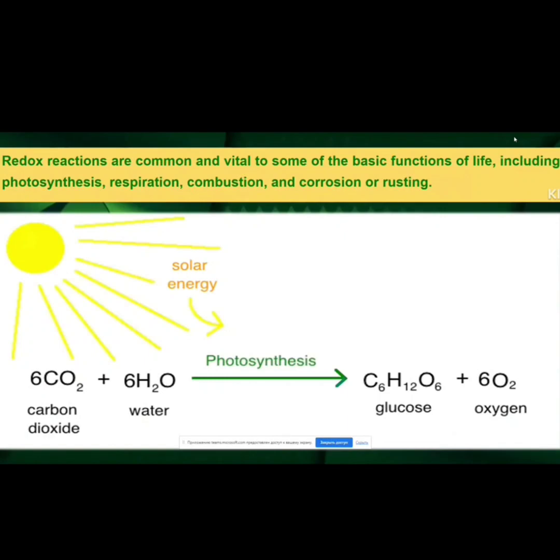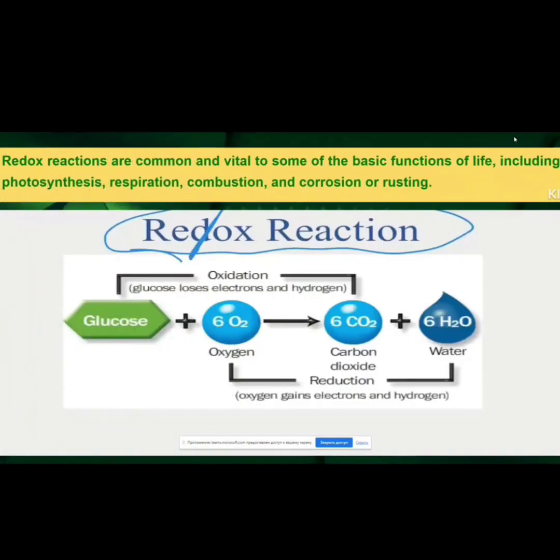Carbon dioxide. And now let's have a look at this picture. You will take it later, not now. So what happens here? Pay attention to this one. Look, glucose, what happens? Glucose loses electrons and hydrogen. These two lose their electrons.